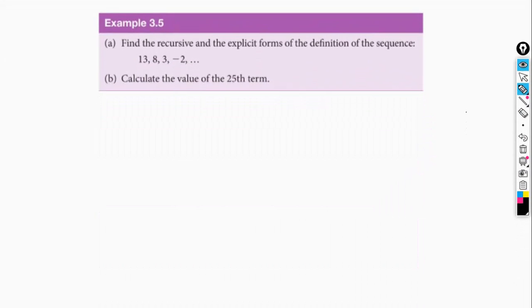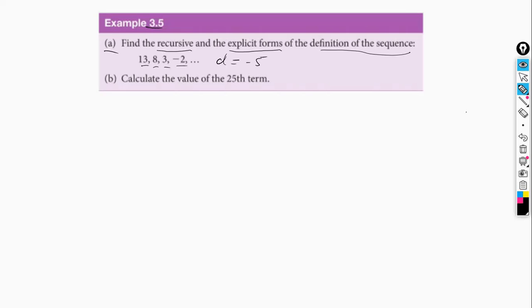Next we have example 3.5, and part A says find the recursive and the explicit forms of the definition of the sequence 13, 8, 3, negative 2. Let's remember that recursive implies using the previous term to find the next term. Here the common difference is a negative number because it's decreasing by 5, so the common difference is negative 5.